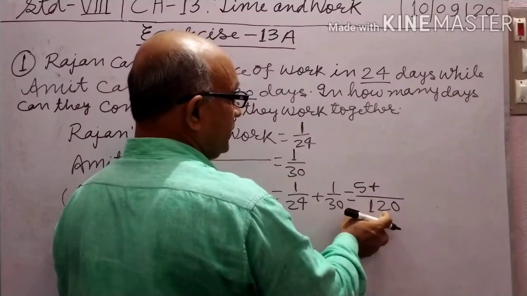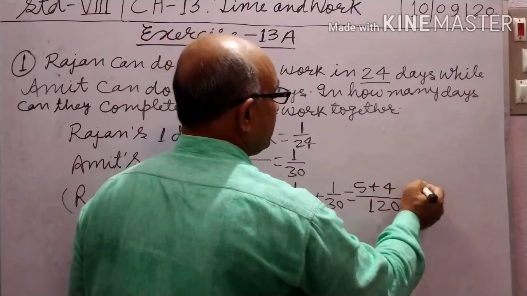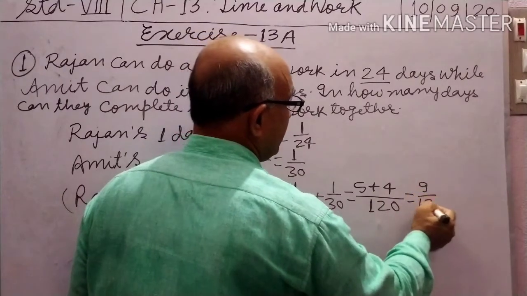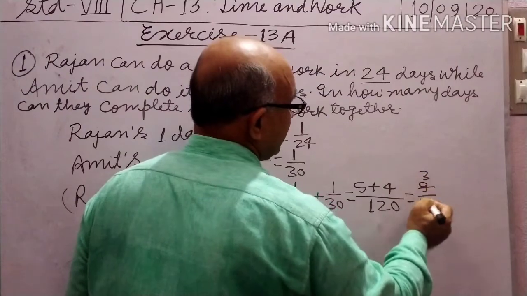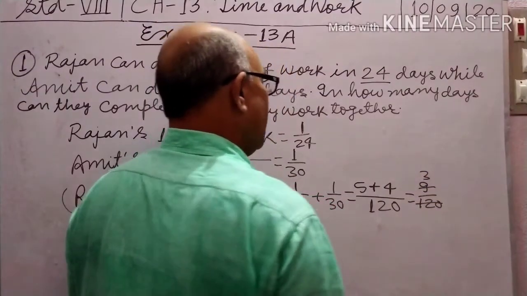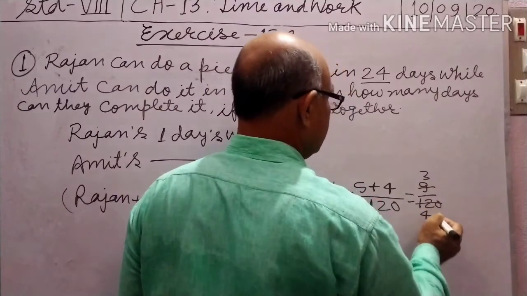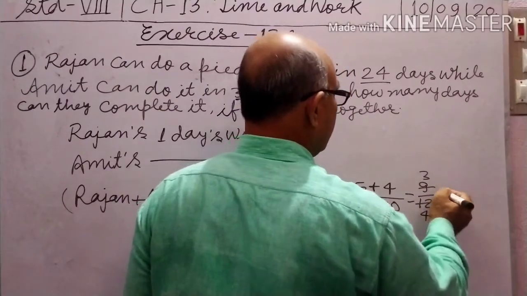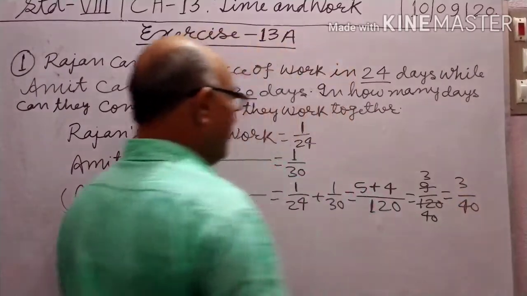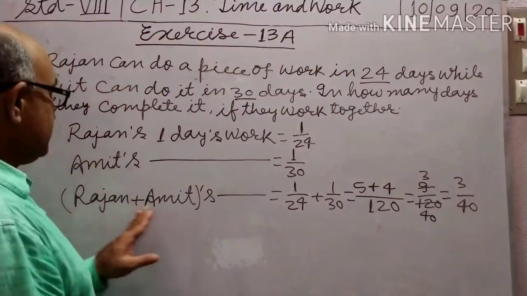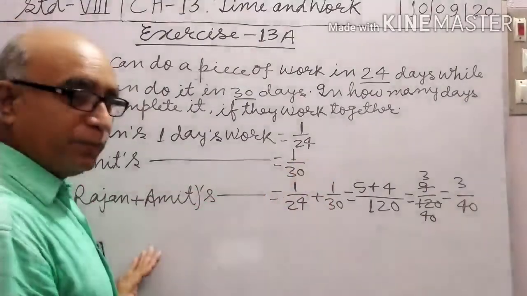Plus 120 divided by 30: 30 times 4 is 120, so 4. Equals 9 by 120. Dividing by 3 gives 3 by 40. So Rajan plus Amit's 1 day's work equals 3 by 40.